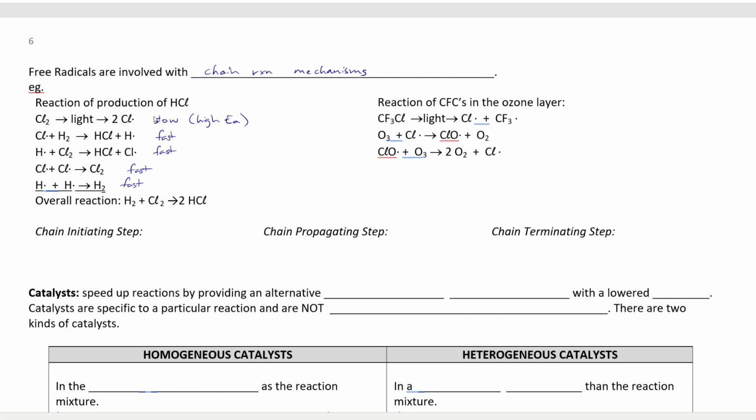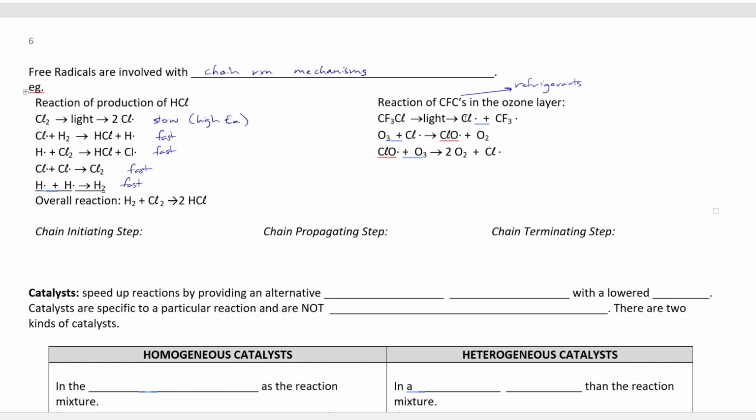Reaction with CFCs in the ozone layer. CFCs are called chlorofluorocarbons, and those are things that are in refrigerants. They used to be in air conditioners and refrigerators, and they were also in aerosol cans, and they escape to the ozone layer. These CFCs, as you can see right here, would react with light and produce chlorine free radicals.